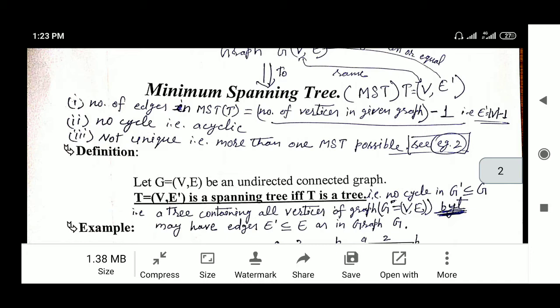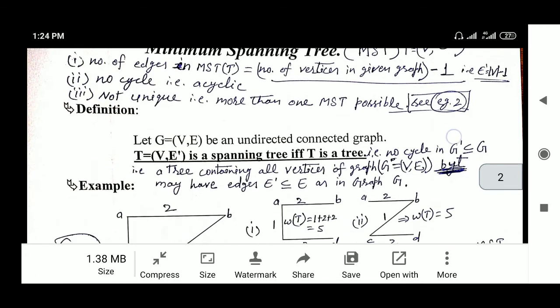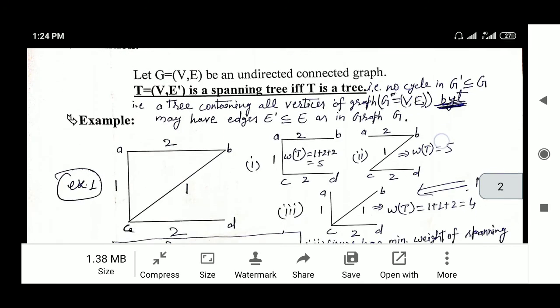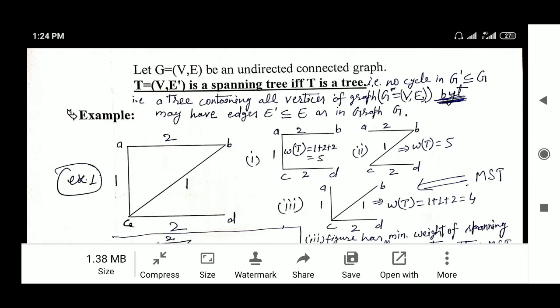And if the weights of edges are similar in the edge set, then we may find more than one MST. That is why the minimum spanning tree may not be unique. So this is all about minimum spanning tree.